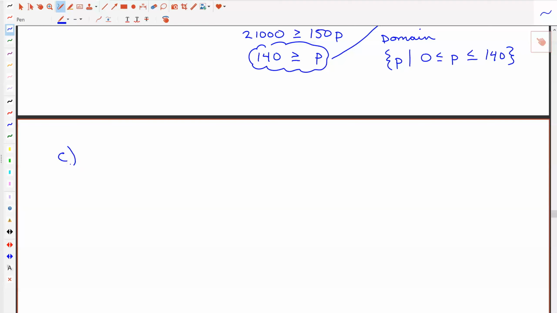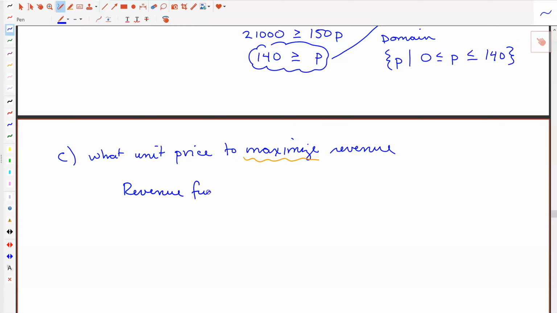Part C is asking what should the unit price be in order to maximize revenue. This is going to start getting into those optimization ideas that we were looking at earlier. As a reminder, our revenue function is R of p equals 21,000p minus 150p squared.